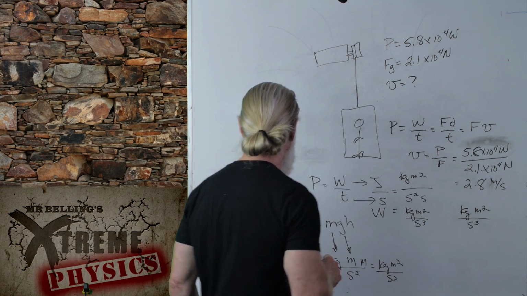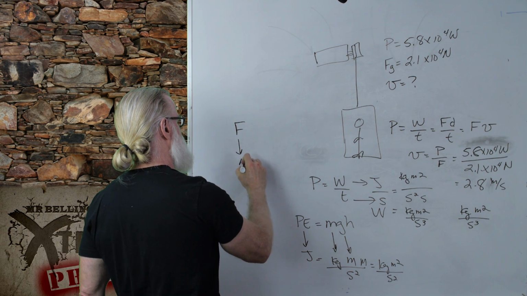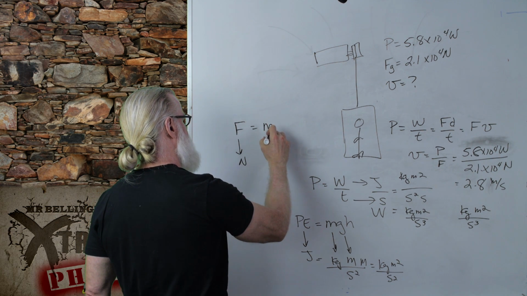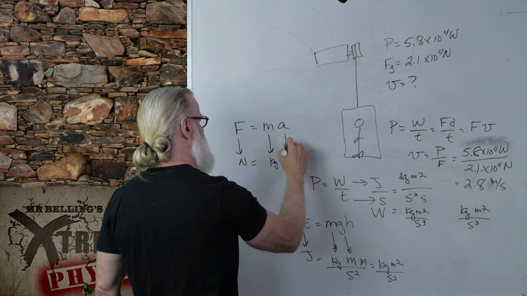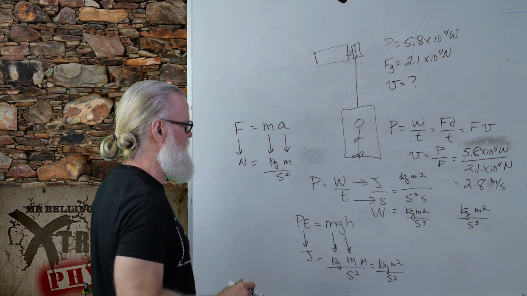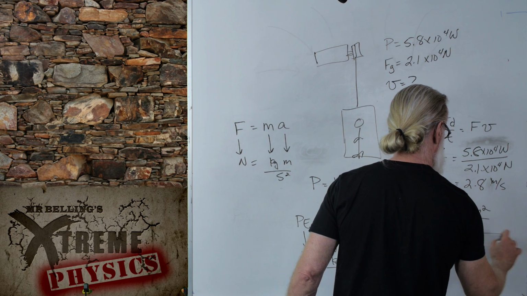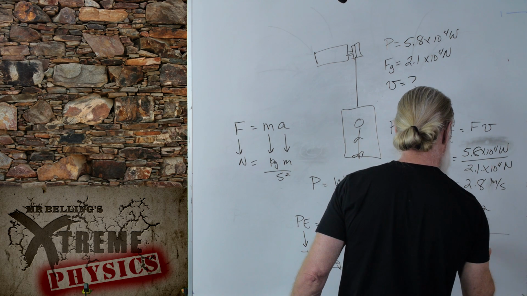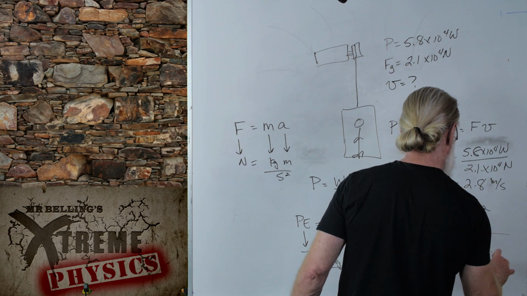What's a newton? Well, let's see. I know force is in newtons, equals mass, which I know is in kilograms, times acceleration, which is in meter per second squared. So a newton is a kilogram meter per second squared. So let's take this. A watt is a kilogram meters squared per second cubed divided by kilogram meter per second squared.